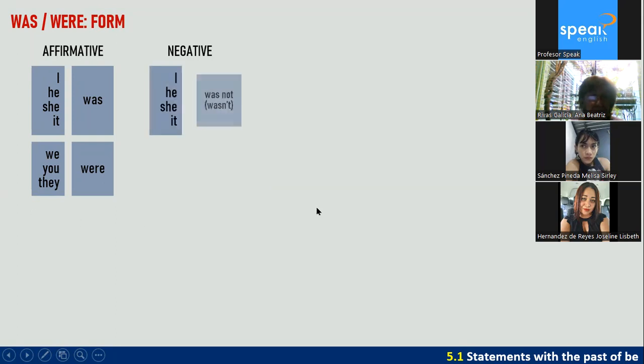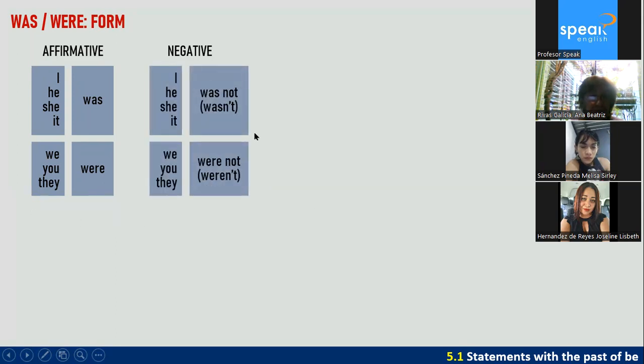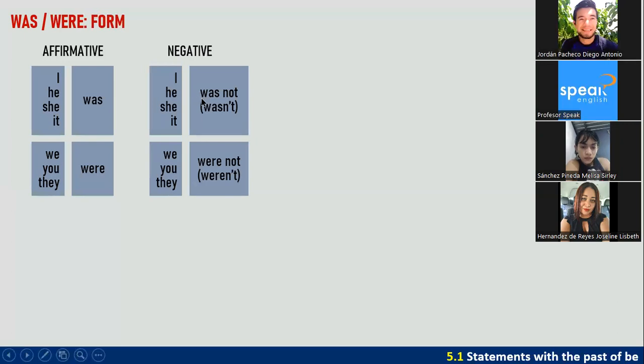The same with the negative form, okay? With the negative form, you decide if you want to use the full form or the contraction. You can say, I was not at my mom's house, or I wasn't. Or my parents were not at church, or my parents weren't at church.